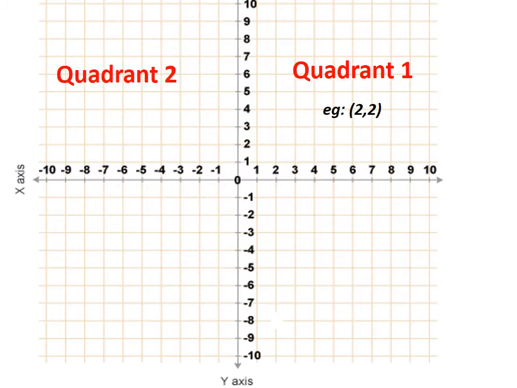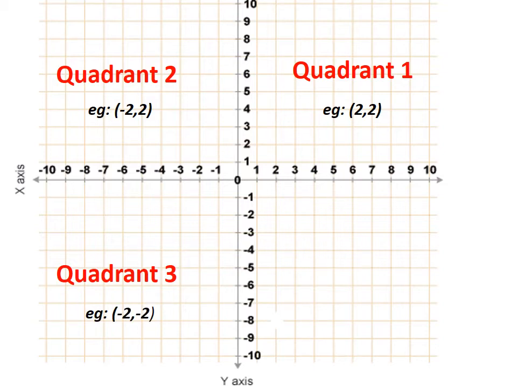Quadrant 2 is a little bit different because along the x-axis you can see we're into negative numbers, but going up the y-axis we're still in positive numbers. So your negative number would come first in this occasion because we go across and then up. Quadrant 3 can be found down below that, and here we're in double negatives, so we have a negative x and a negative y, and an example of that would be negative 2, negative 2.